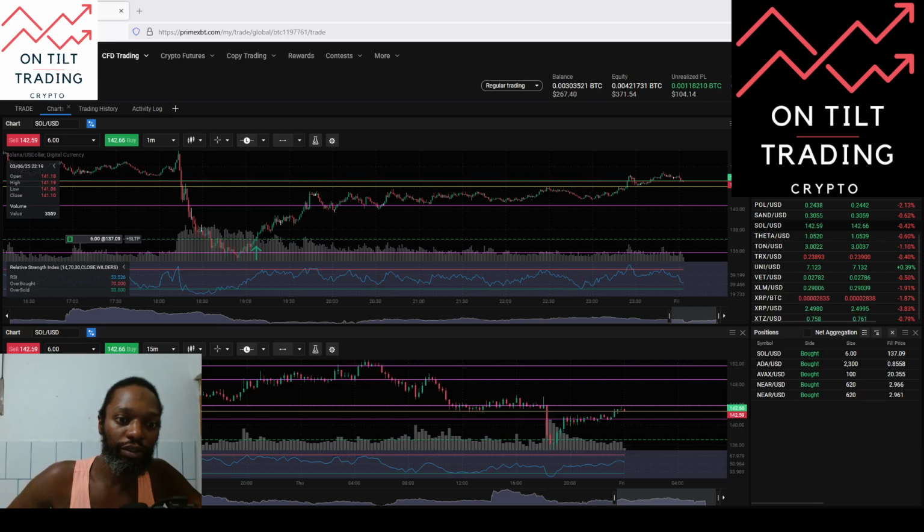So with Solana, I took an entry here. This purple line here and here, or these purple lines, coincide with these lines down on the 15-minute. These are Camarilla pivots. Let's go down to the 15-minute for perspective here.